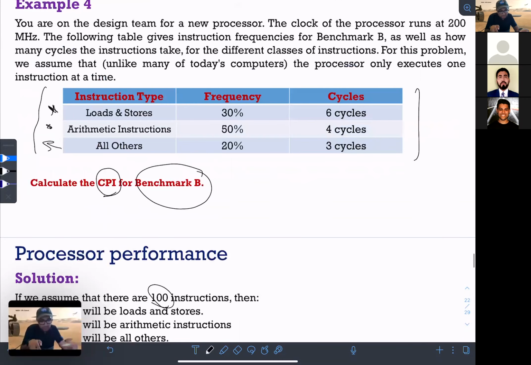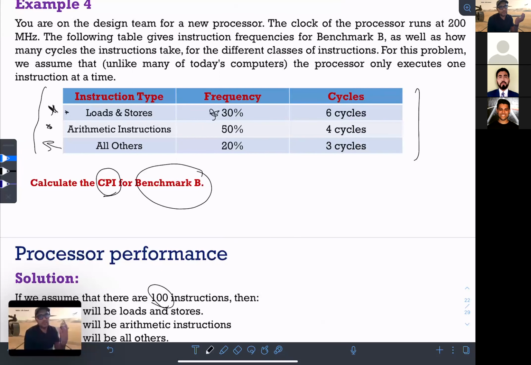That means I go back here. Load and store was 30%, now it's 15%. So it's no longer 100 instructions, it's going to be 85 instructions.